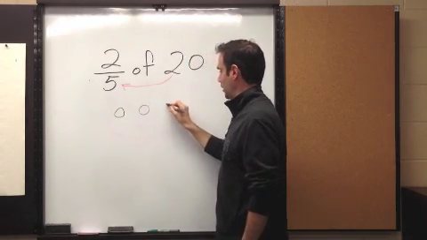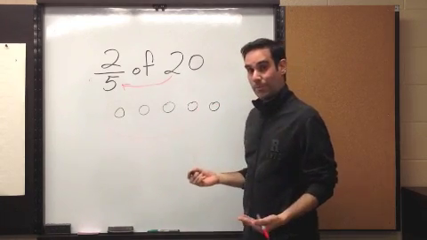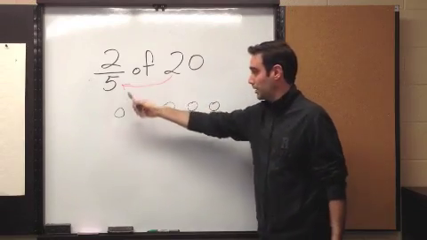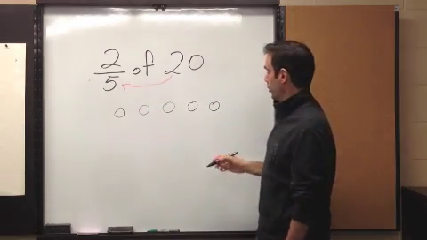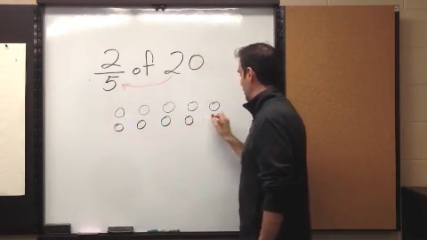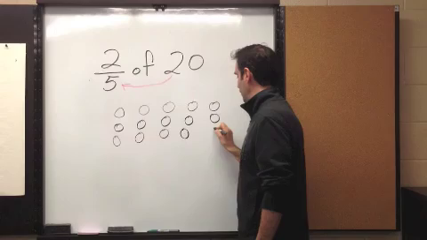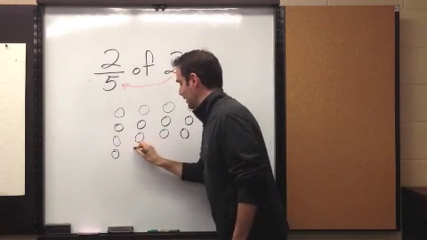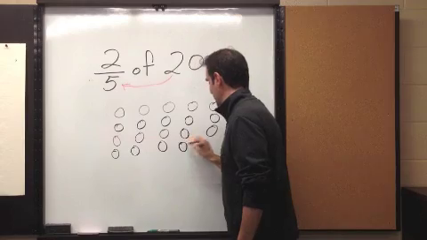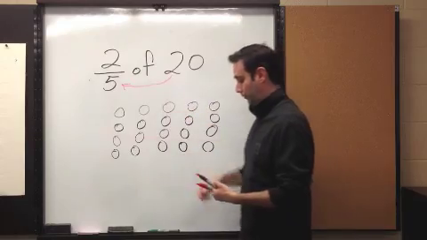I'll start my 2nd, 3rd, 4th, my 5th group, and now I keep on going. I'm going to divide my cookies up into 5 groups. So 5, 6, 7, 8, 9, 10, 11, 12, 13, 14, 15, 16, 17, 18, 19, 20. My 20 cookies put into 5 groups.